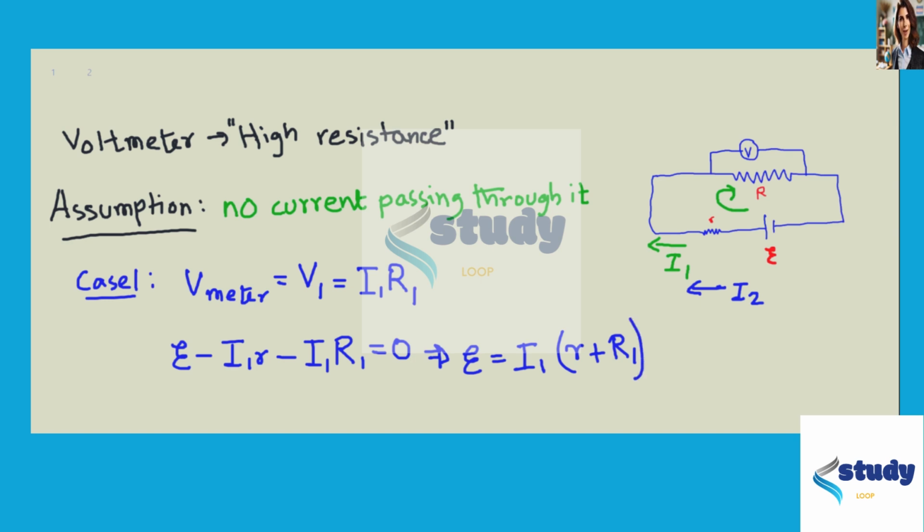And from here, we can replace I1, and that will give us psi equal to V1 over R1 times little r plus big R1.